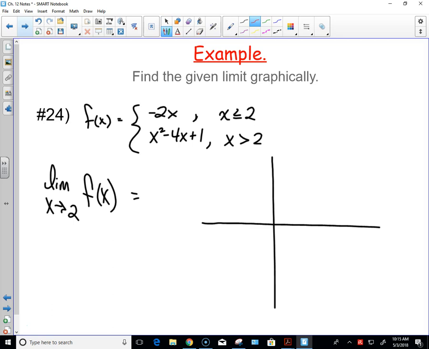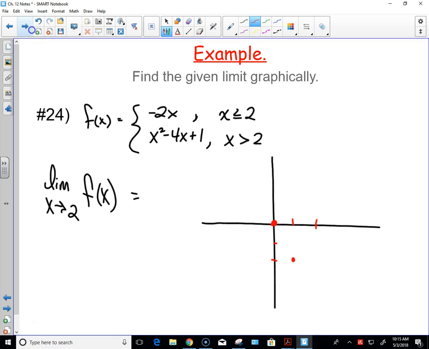If I just had the top piece, wouldn't that be y equals mx plus b? What would be my intercept, my b? Plus 0, so it's going to hit at 0. What x value should I be plugging in? Maybe 2, maybe 1, maybe 0. Anything less than 2? If I plug in 1, I get -2, so the slope is down 2 over 1.